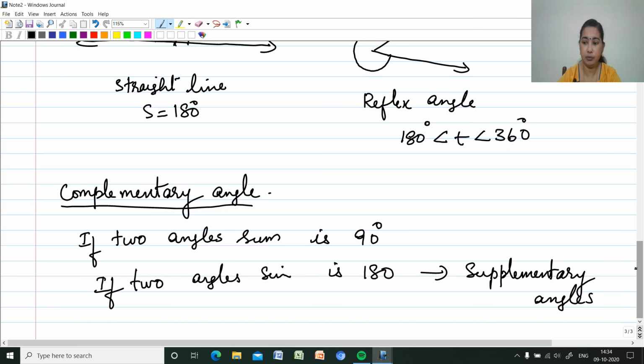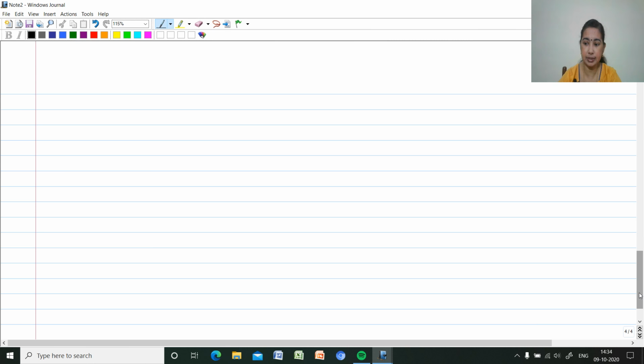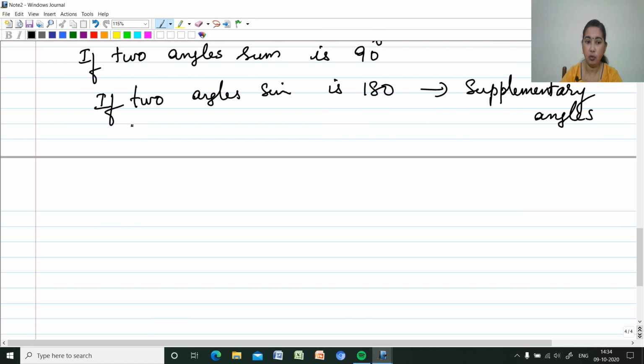We studied adjacent angles last year. What are adjacent angles? Two angles which are coming nearby are called adjacent. For this angle, the adjacent angle will be this one. These are the two adjacent angles.